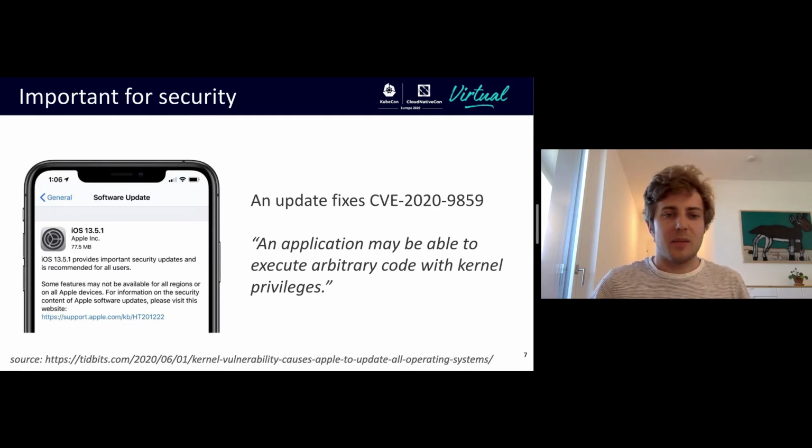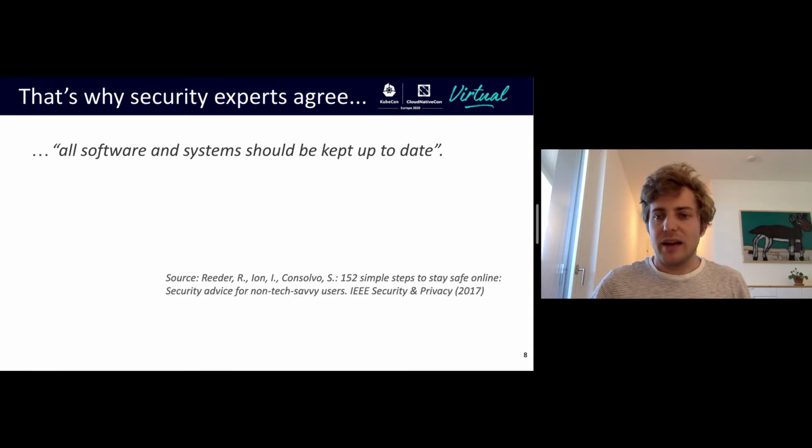I have an example here where a recent iOS update fixes a quite scary privilege escalation vulnerability. And this is also why security experts agree that one of the most important things that you can do to keep your infrastructure safe is to always keep software and systems up to date.